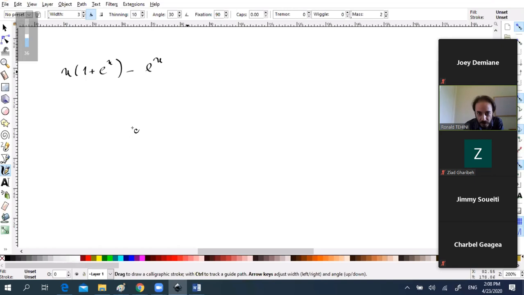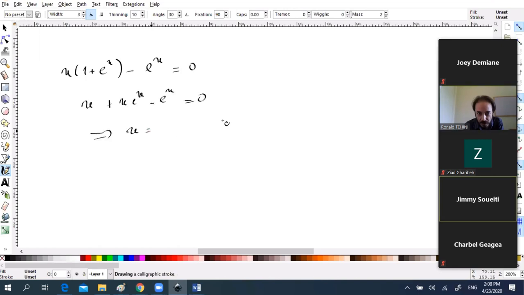The simplest fixed point iteration is to make x equal to e^x minus x e^x. So g of x here is e^x minus x e^x.